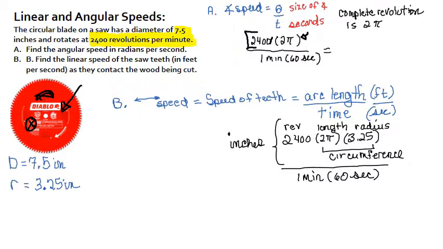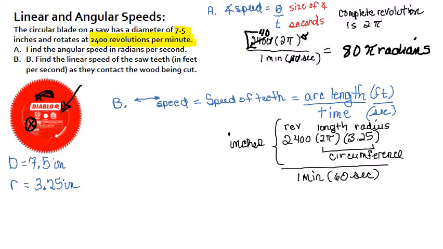So let's see, we can get rid of the zeros here. We can take the 6 into the 2400, which is going to give us 40, and times the 2. So that's going to give us 80 pi radians per second for our angular speed.